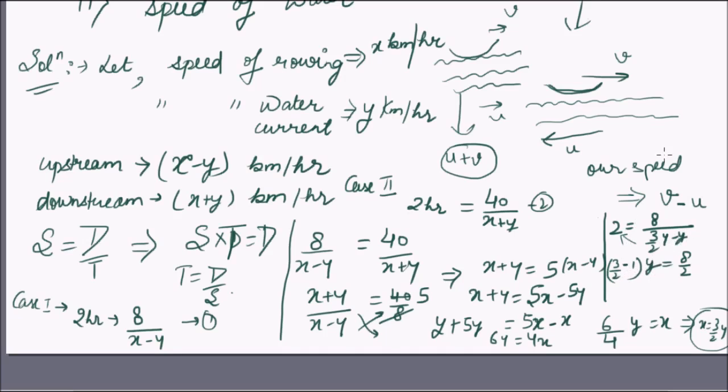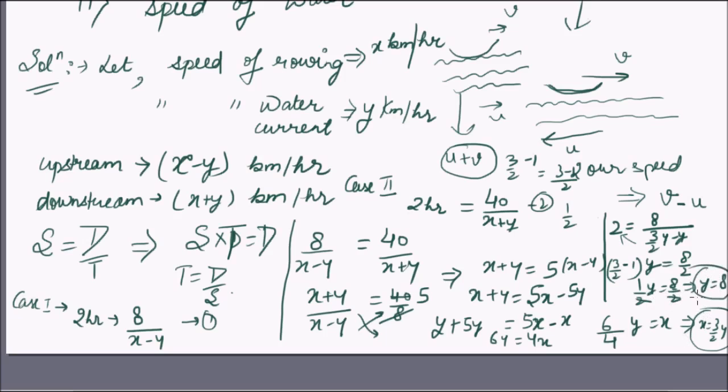Or 3 by 2 minus 1 is nothing but 3 minus 2 over 2, that is 1 by 2. We have 1 by 2 y equals 8 by 2. 2 gets cancelled from this 2, or y equals 8.